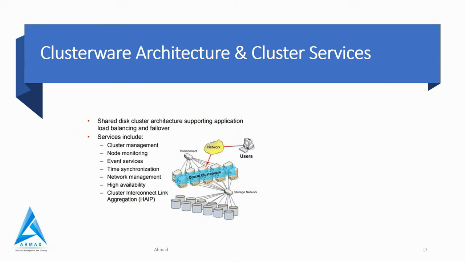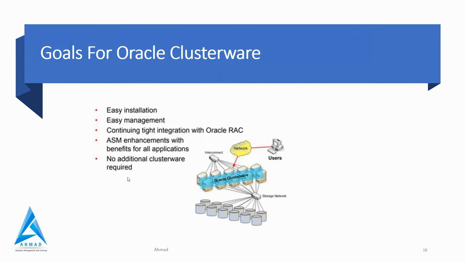So it has multiple features by which your node will be up and working. And then last, cluster interconnect link aggregation. That is HAIP, which is basically used for highly available IP. The short form is HAIP. Clear? We will discuss it in the network session.